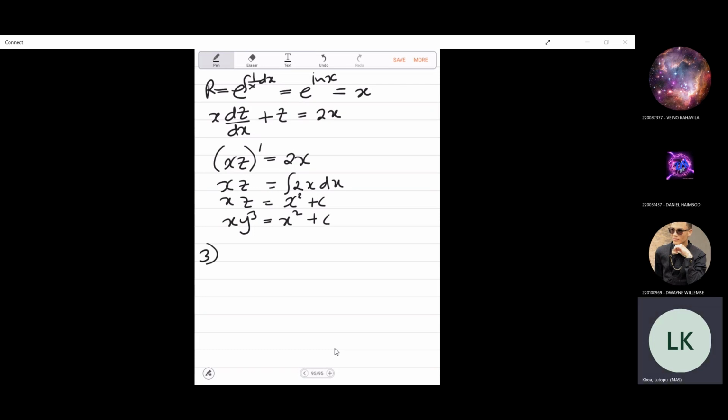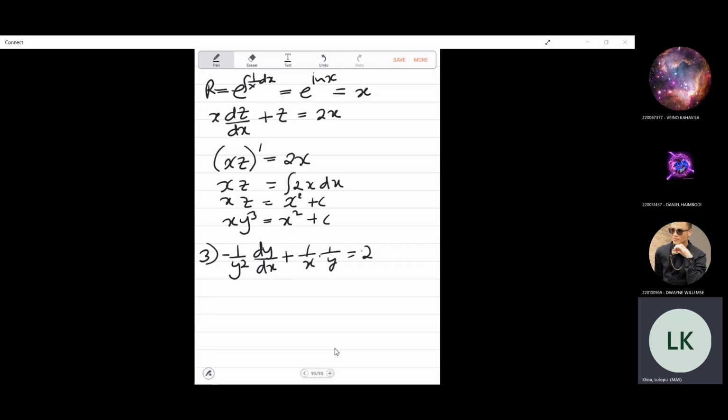With 3, minus 1 over y squared dy/dx plus 1 over x times 1 over y is equal to 2.